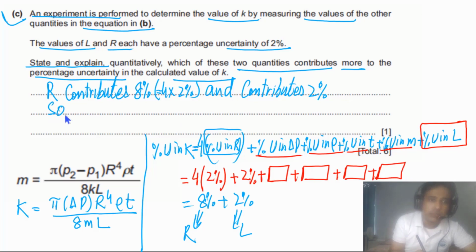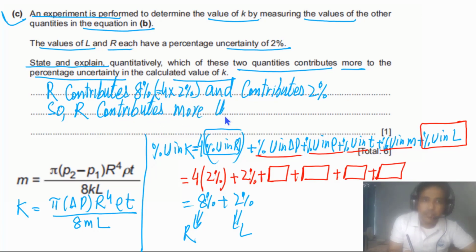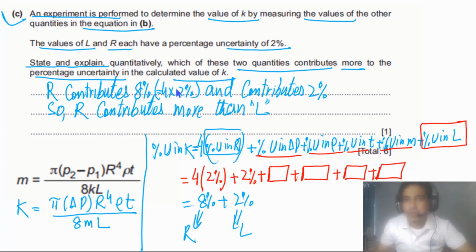So R contributes more to the percentage uncertainty than L. So this is how you can write down your answer. And this question has only 1 mark. If you have written this and you have explained, you will get the 1 mark, and that is the answer mark.